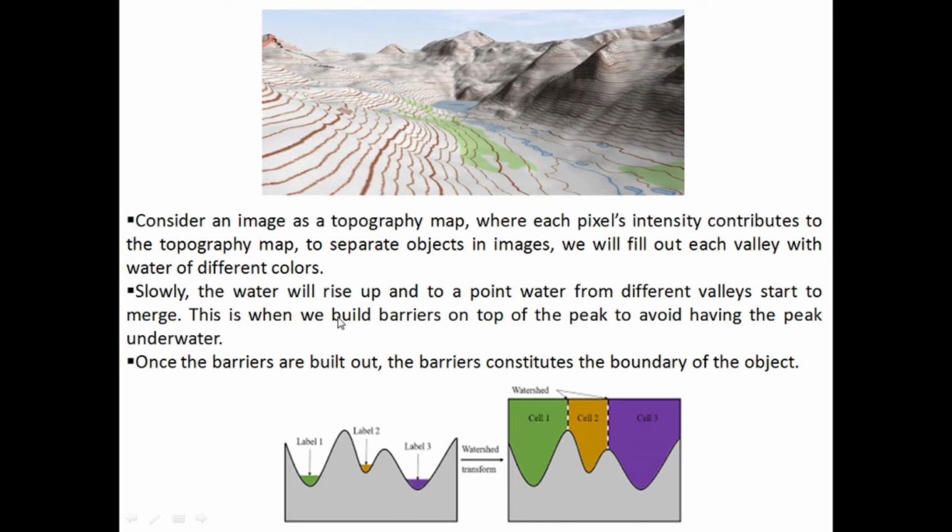Slowly the water will rise, because with heavy rains the water level in the valleys tends to rise, right? So the water will rise up, and at some point water from the different valleys starts to merge, because as the rainwater accumulates more and more, this level of water may touch the adjacent water body.